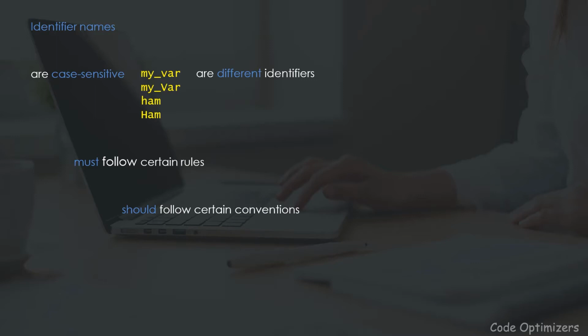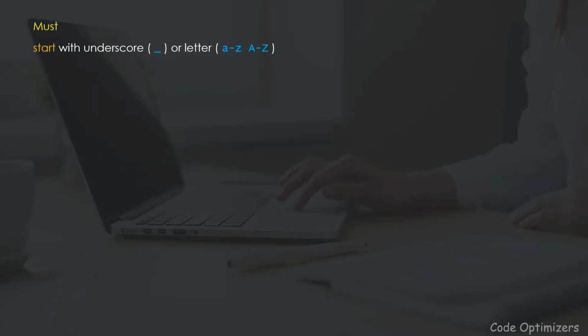So let's start with the must first. They must start with an underscore or a letter, a to z or capital A to Z. Now this is actually a little trickier in reality because you can use other characters besides a through z, but you should be a little bit careful about which ones you use.